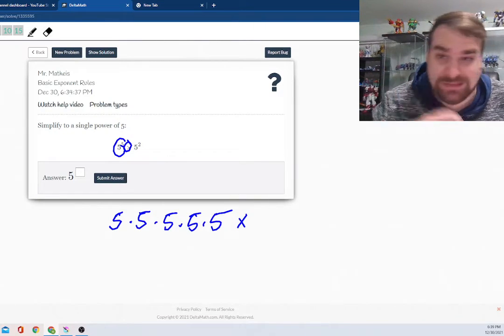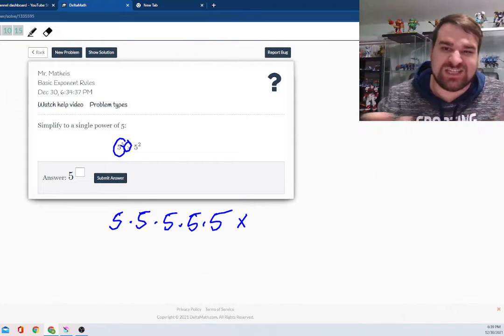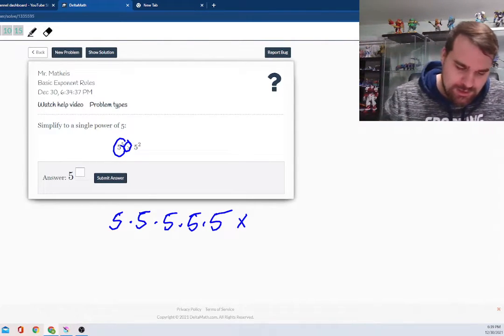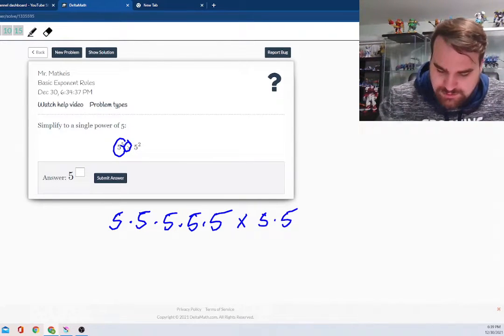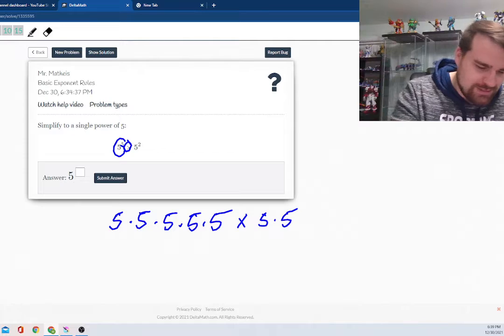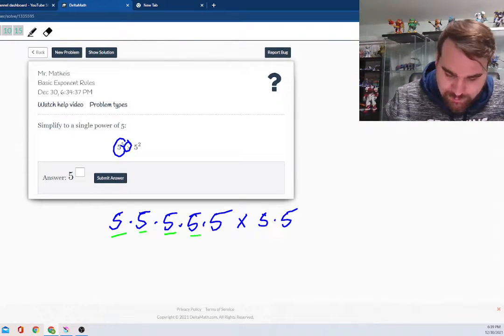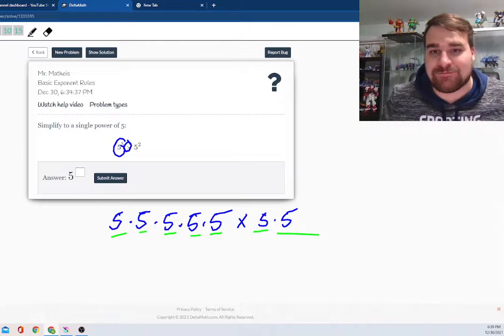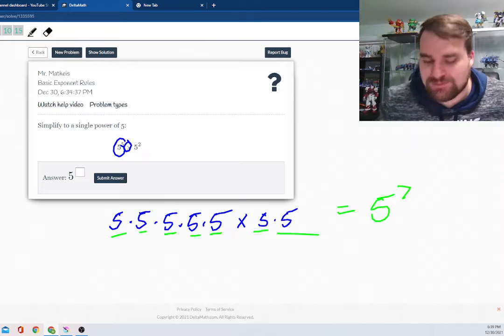I could use the dot like I have been, but I'm using the X for the multiplication to signify these are the two separate terms. And then we have 5 to the 2nd, and 5 to the 2nd just means 5 times 5. Now, if we actually just look at this, how many things are multiplying here? 1, 2, 3, 4, 5, 6, 7 5s. So it is just 5 to the 7th.